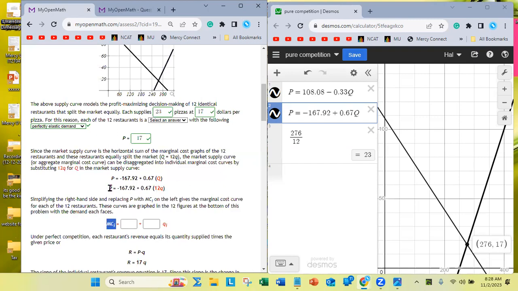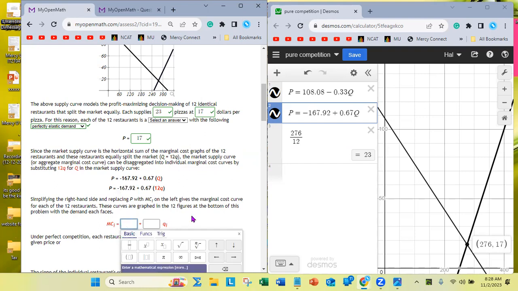So I replace price, which is dollars per unit, with marginal cost of firm i, which is in terms of dollars per unit. I make that replacement. The intercepts are the same. The slope, though, I've got to multiply 0.67 times 12.